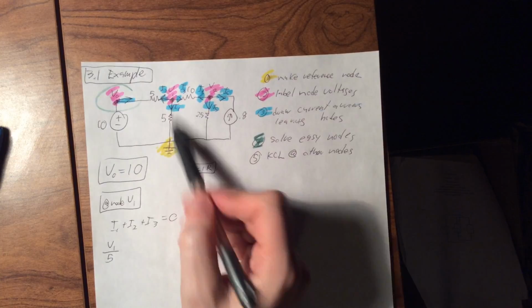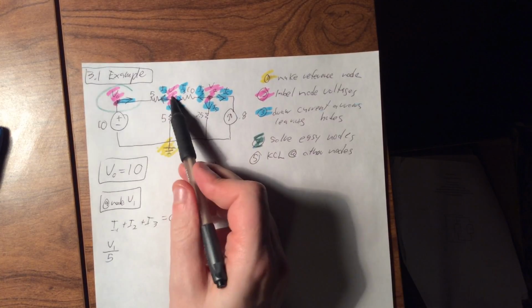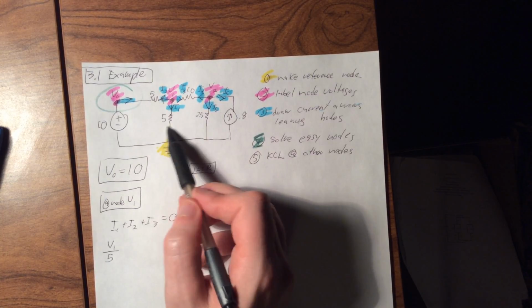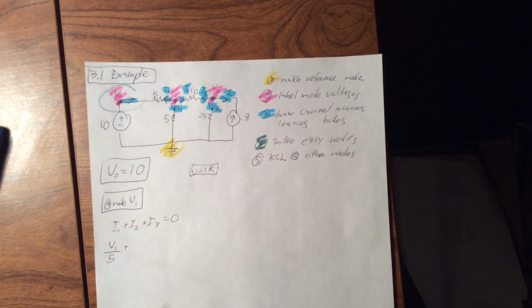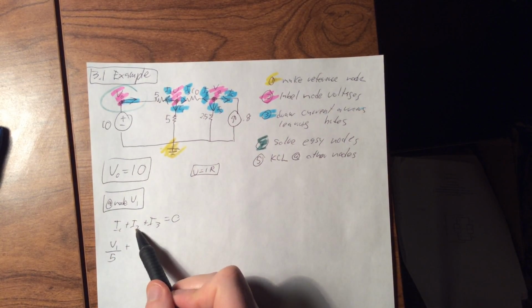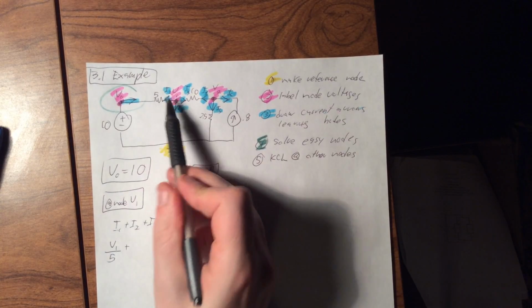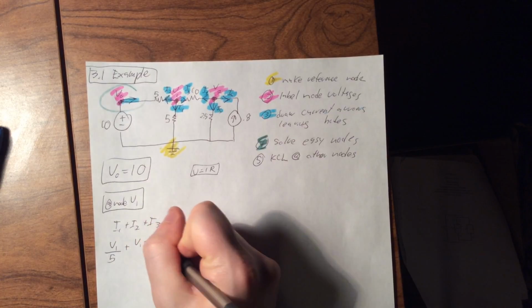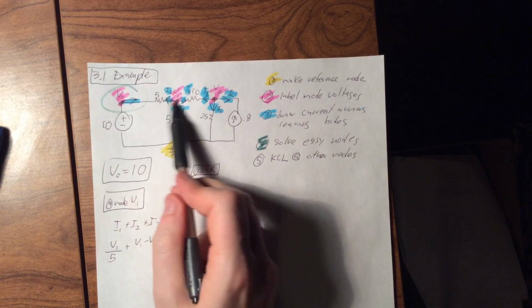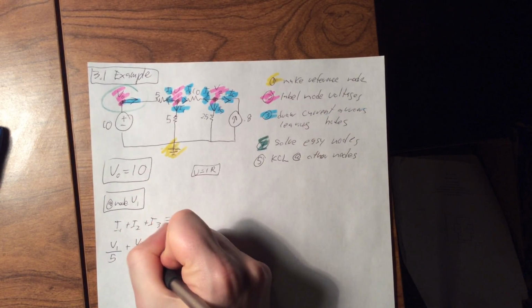What has to happen to this voltage? It has to pass through a 5 ohm resistor before it hits ground and becomes 0. So that's how we write this one. And now we're going to do I2. For I2, we go from V1 minus V0, and then over whatever's in between them, which is 5.